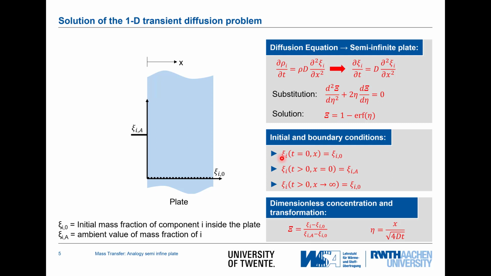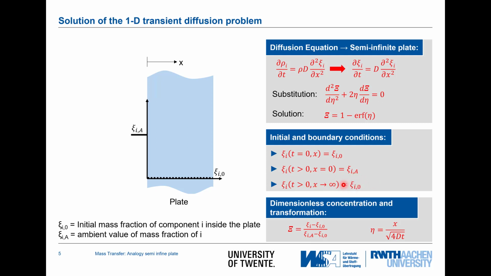That's xi_i at the beginning, anywhere in the plate, that's xi_i,0, indicated by the dotted line. Xi_i for times larger than 0 at the left-hand surface is xi_i ambient, as I have shown it here. Xi_i for any time larger than 0 and x going to infinity is xi_i,0.